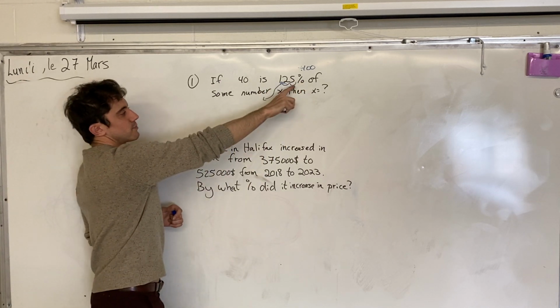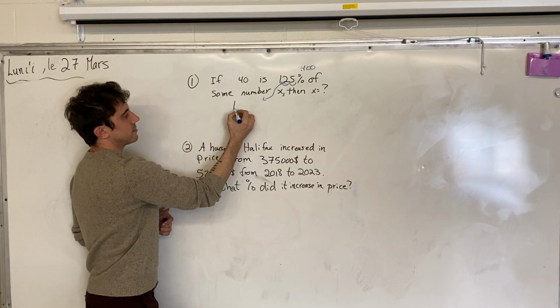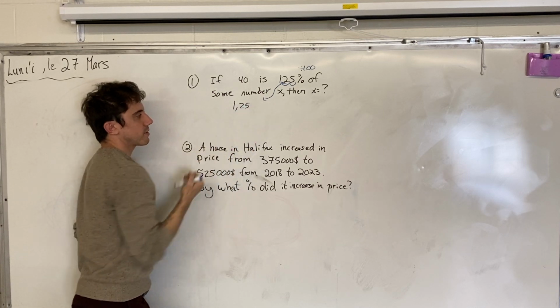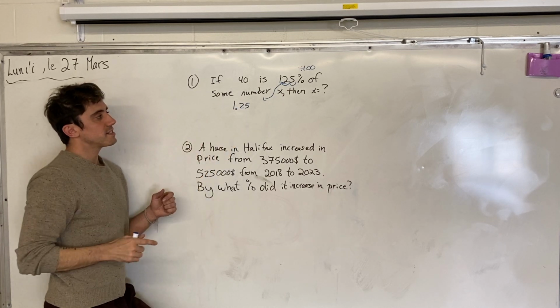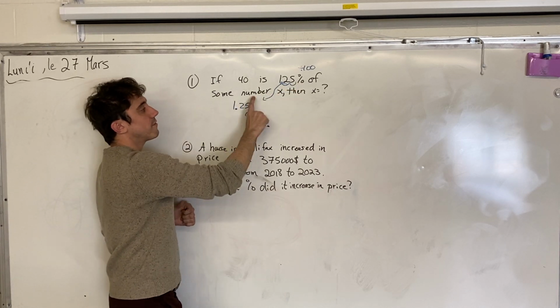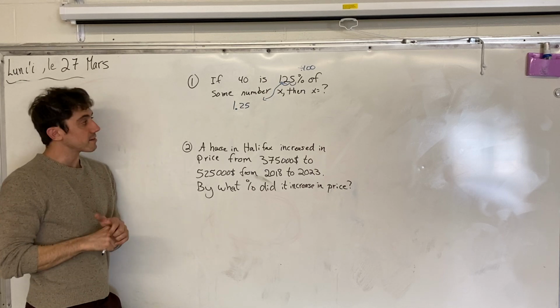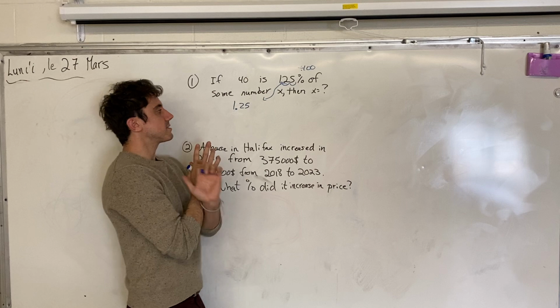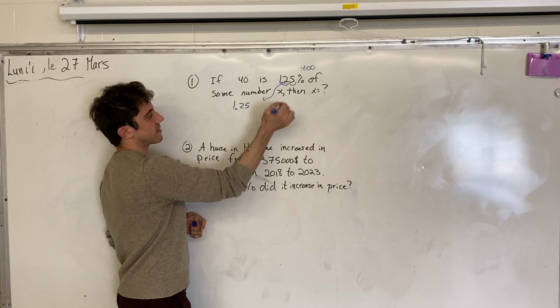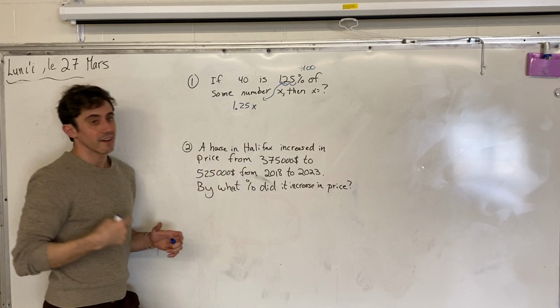The decimal form of 125% is 1.25. Since we want 125% of this mystery number x, we multiply. Whenever we want the percent of a number, we multiply them. So 1.25 times x is written as 1.25x.